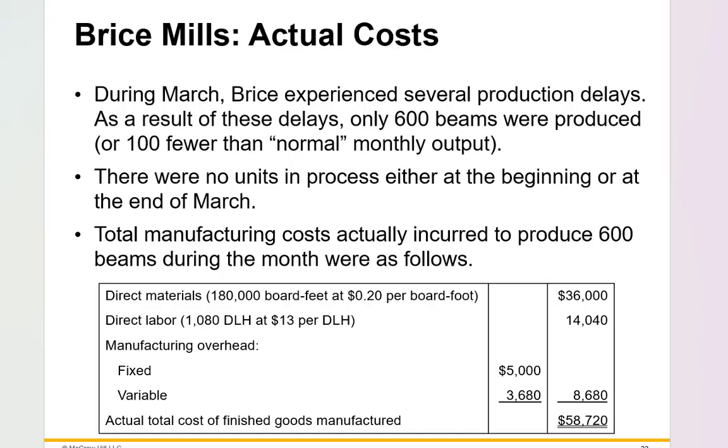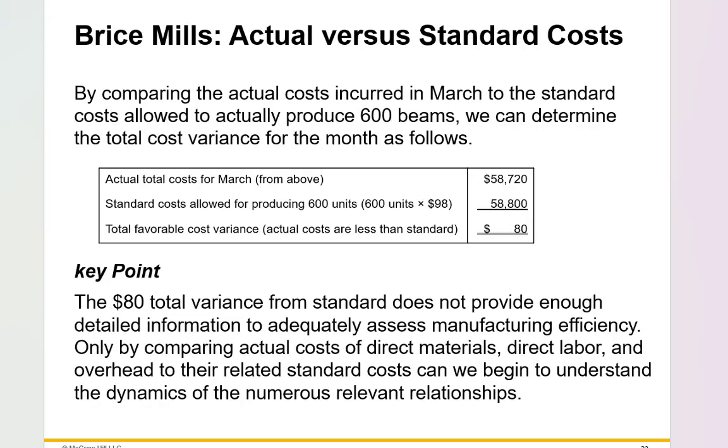But then actual comes along and says, as a result of delays, only 600 beams were produced instead of the 700 we expected. There were no units in process at the beginning or at the end. The total manufacturing cost for 600 beams was $58,720. So we're going to look at these actuals and compare that to the standard costs.